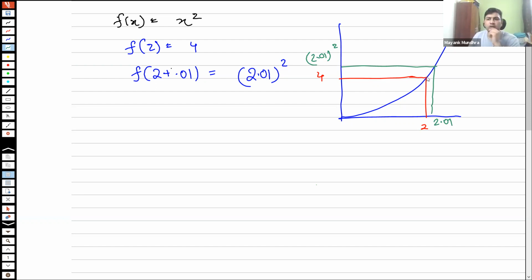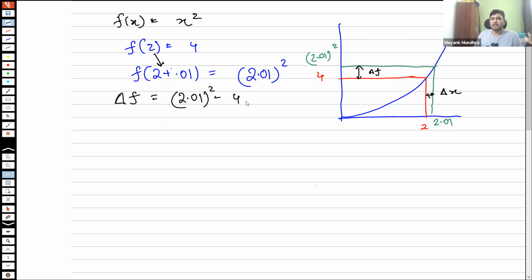So the change in value of f, delta f, is 2.01 square minus 4. This is the change in value of f as x has changed from 2 to 2.01. This is my delta f and this is my delta x.